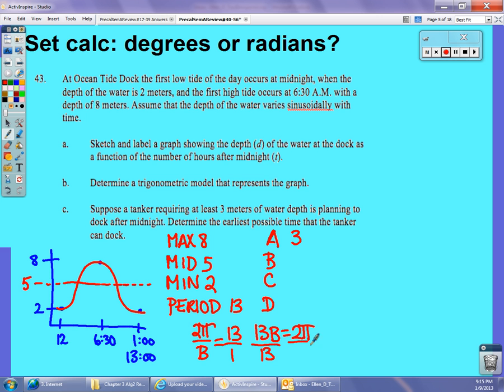Divide both sides by 13. We get b equals 2 pi over 13. Our c value is 0 because 12 o'clock is our starting value. And our D value is our midline of 5.